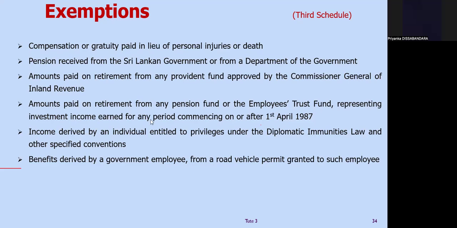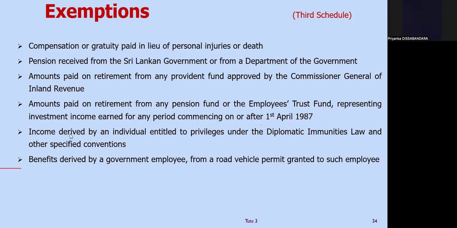So that interest income is exempt from income tax. So that means ETF payment is not exempt. Only the interest amount earned from the employees trust fund, that is exempt.